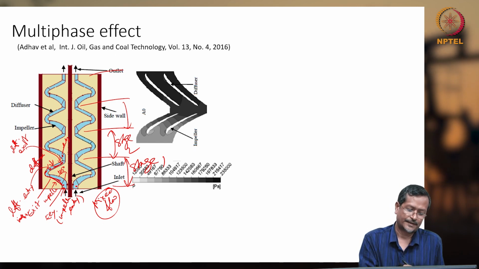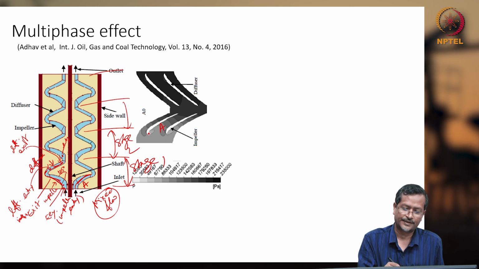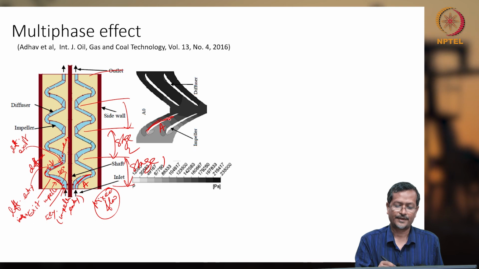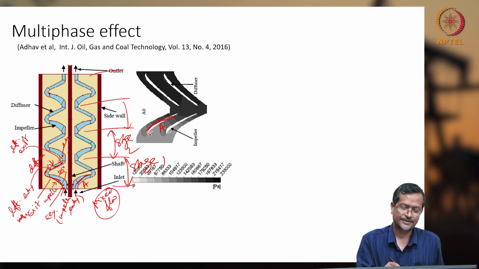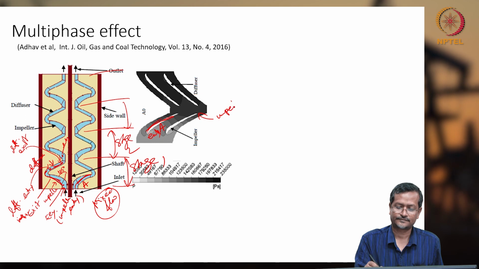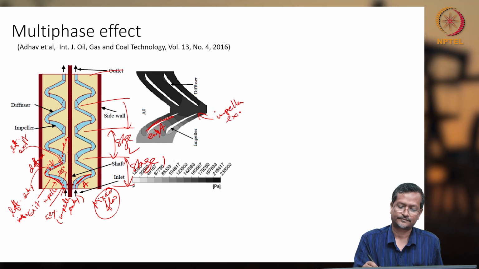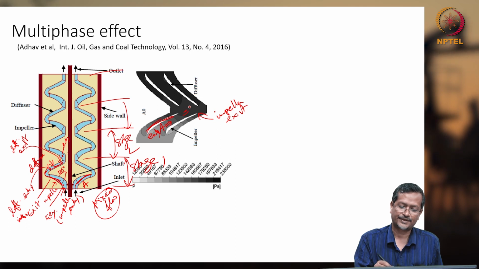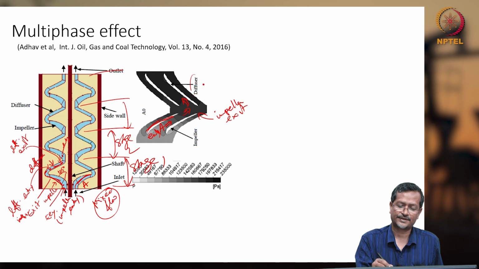You see impeller A. The impeller is like this, the white portion is the impeller. The impeller entry is happening here, impeller exit here, then fluid enters the diffuser, which is written there.